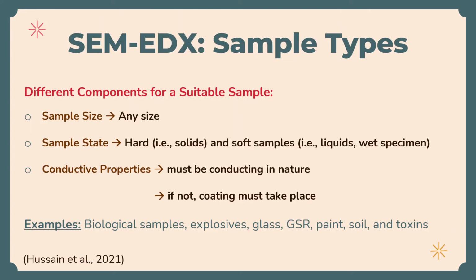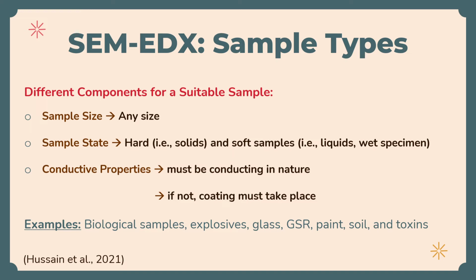So, SEM EDX sample types. This instrumentation is able to analyze different solids and liquids. Some of the different components that are able to be broken down are through its size, state, and conductive properties.